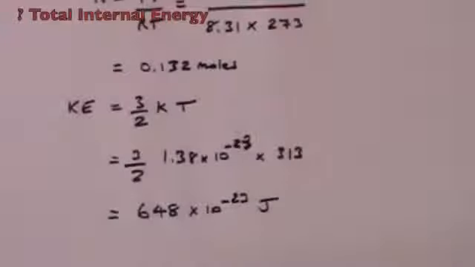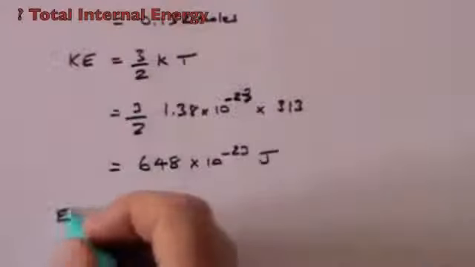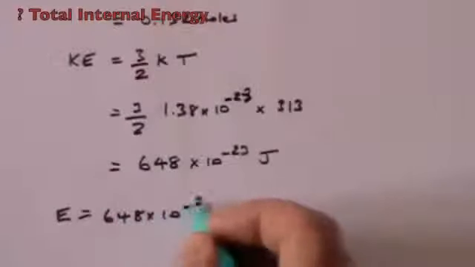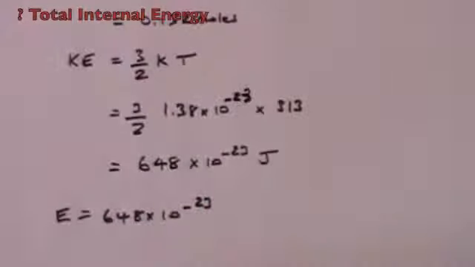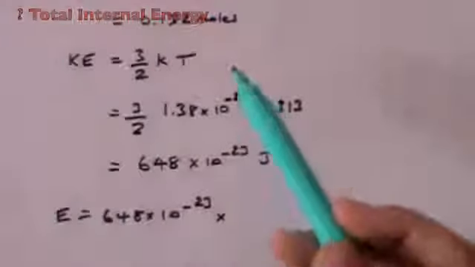And the third part of the question is, what is the total internal energy of the gas? Well, we know what the energy of one molecule is, we just calculated that, so the total energy will be the energy of a molecule multiplied by the number of molecules. So total energy will be 648 times 10 to the minus 23 times the number of molecules. Well, we don't know what that is, but we did calculate the number of moles.